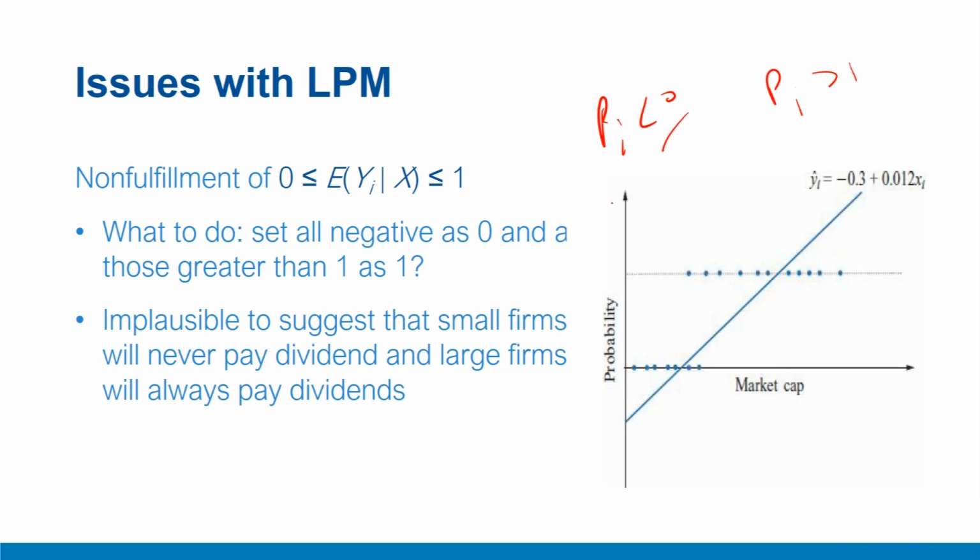As a simple solution to this problem of less than 0 and greater than 1, you would rather put all the observations less than 0 as equal to 0 and all the observations greater than 1 as equal to 1, which means you are essentially assuming that small firms with a market cap of less than $25 million will never pay dividends, that is pi equal to 0, and firms greater than $88 million will always pay dividends, that means their pi is equal to 1. This is a very problematic assumption and understanding of the model.